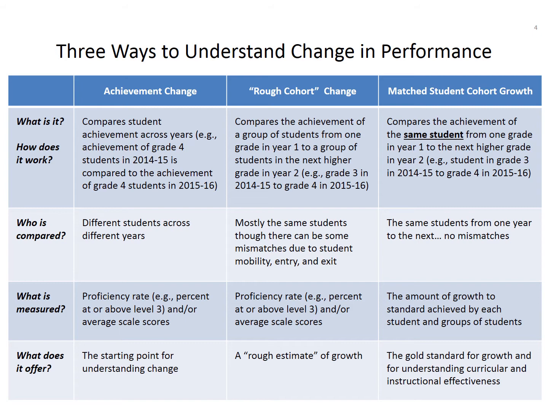Only those students who are matched across years are included in this calculation. The matched approach allows us to quantify the amount of growth achieved by the same students from near the end of one grade to the end of the next grade, a good measure of curriculum and instructional effectiveness.